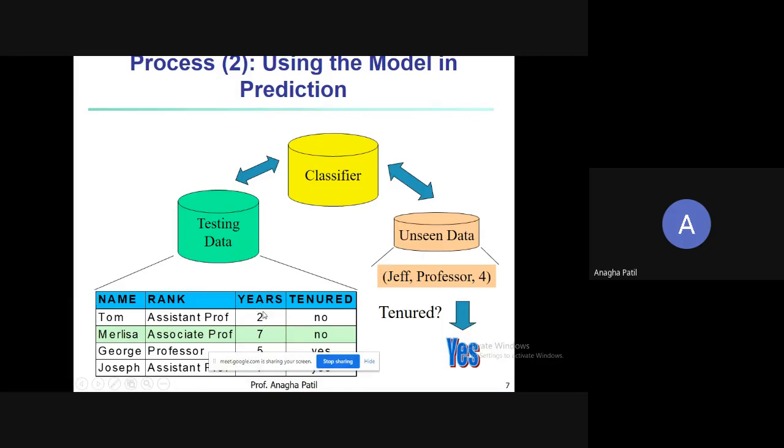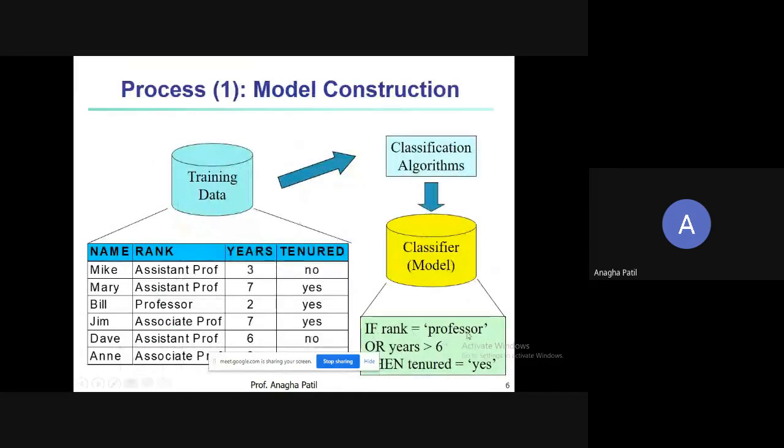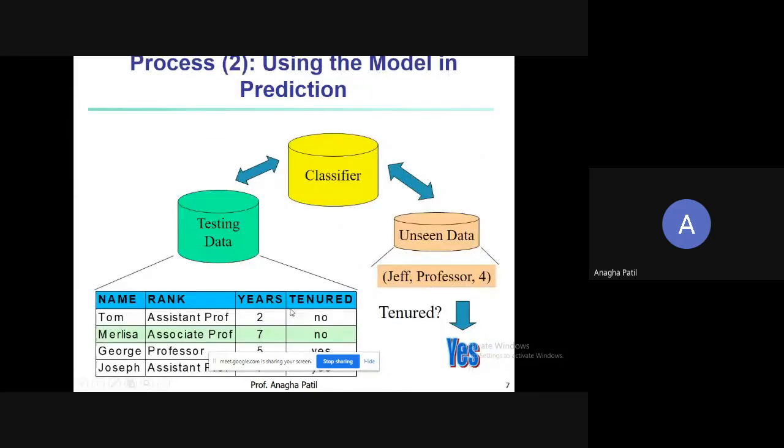So this has been provided to us. We have made the rule which says that either rank should be professor or year should be greater than 6. Then and only then the tenured is equal to yes. Otherwise it would be no. So this would be classified into tenured is equal to no.